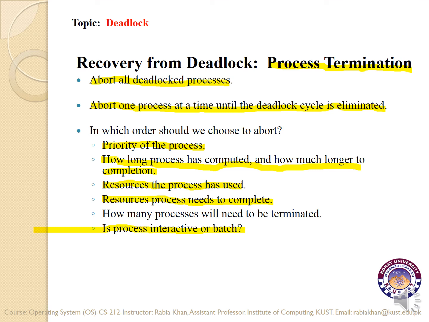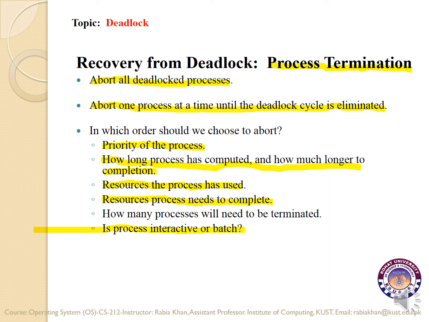This is an important criterion to decide which process should be selected as a victim, since terminating an interactive process may be expensive as compared to a batch process. The interactive process will come again and would require interaction from the user, while the batch process does not require any sort of interaction with the user.